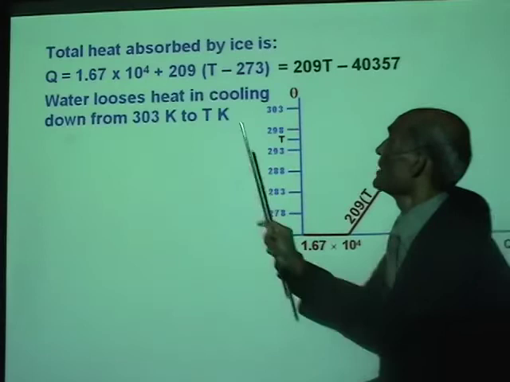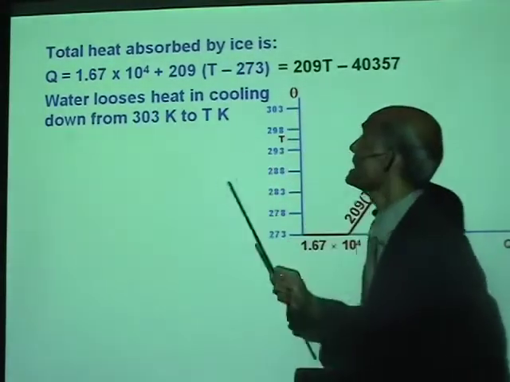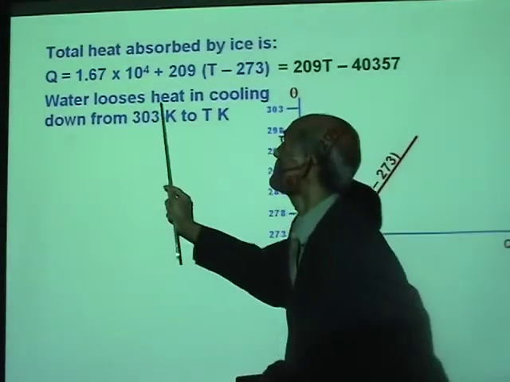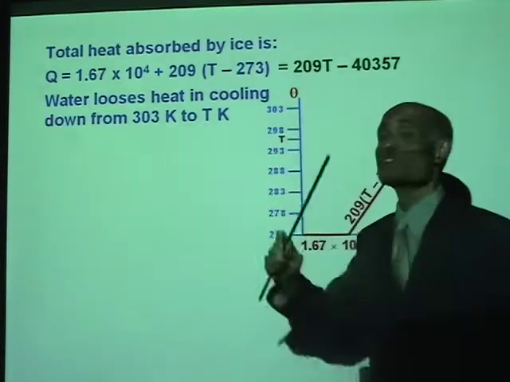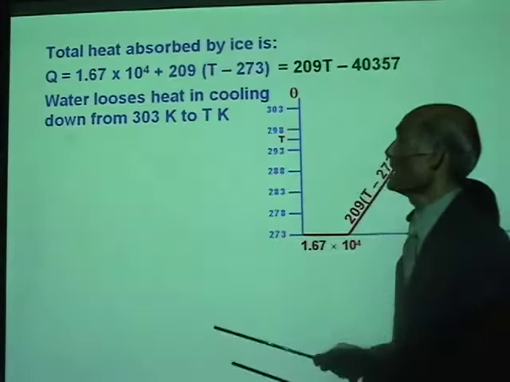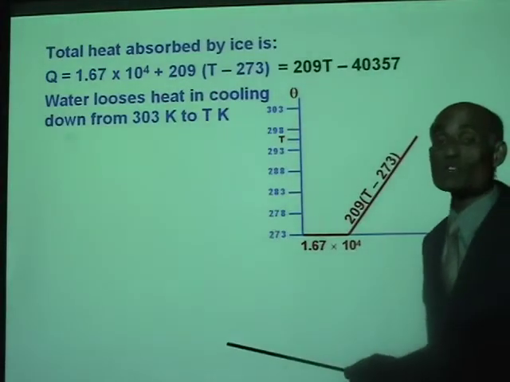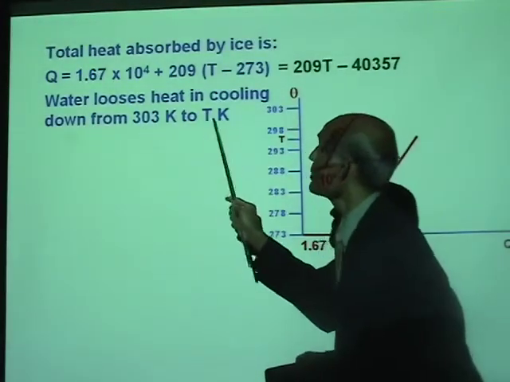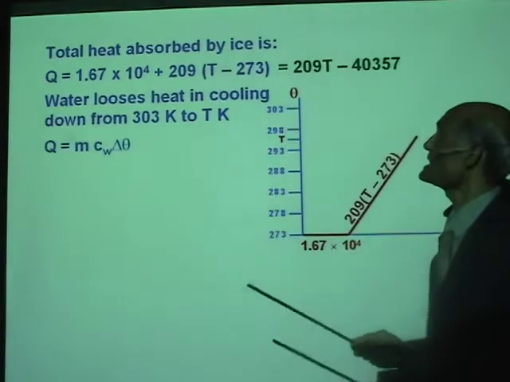Water loses heat in cooling down from 303 Kelvin to T Kelvin. All this heat is going to come from this water. How much is the heat lost by water in cooling down from 303 to T Kelvin?